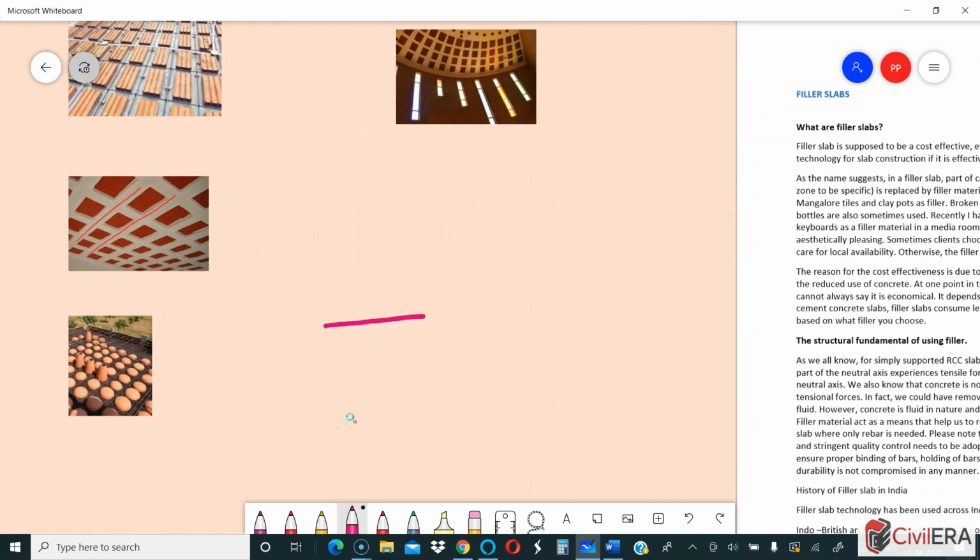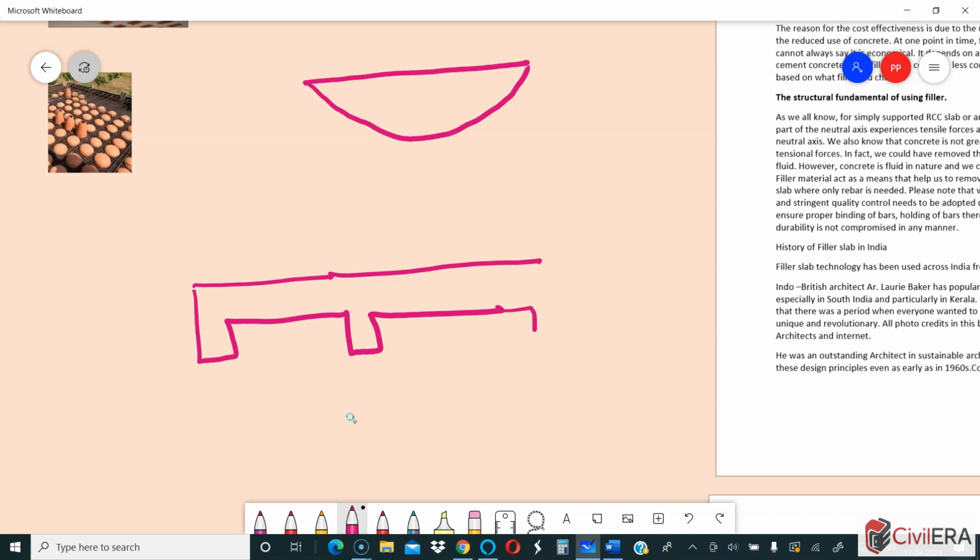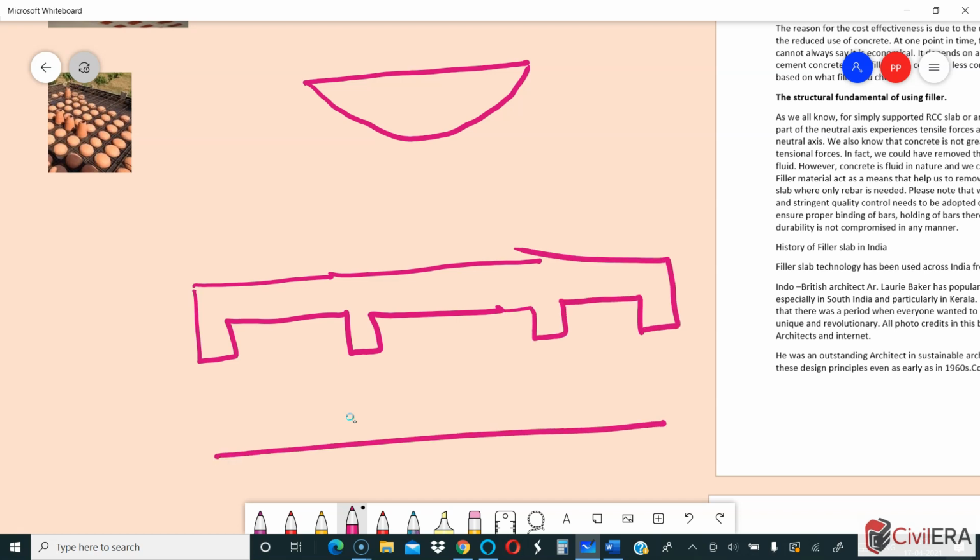What I mean to say is your bending moment diagram will not be like this if the slab is continuous. If your slab is continuous and has multiple spans, then your bending moment diagram will be slightly different. It will be something like this, and you will have negative moment here.